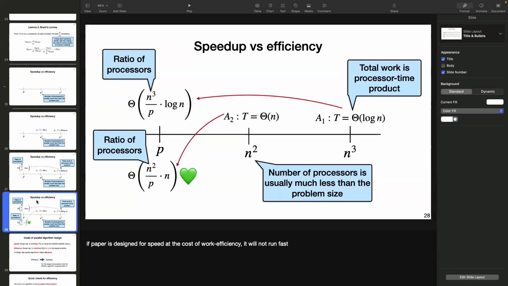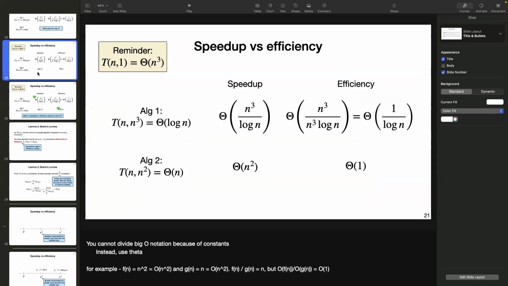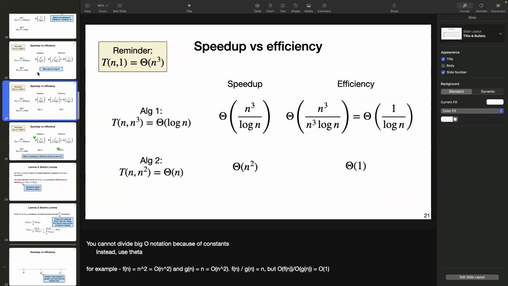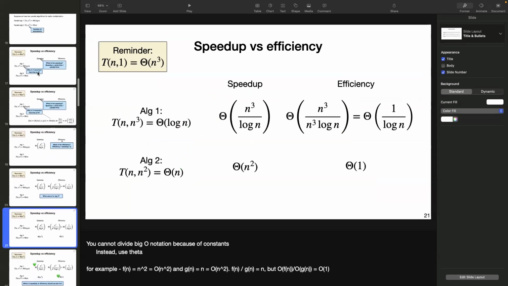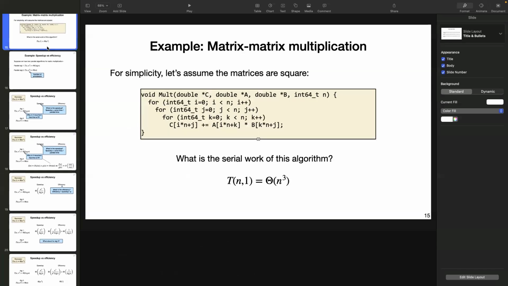In order to calculate speedup, do you need the serial time? Yeah. Here the serial time is NQ.